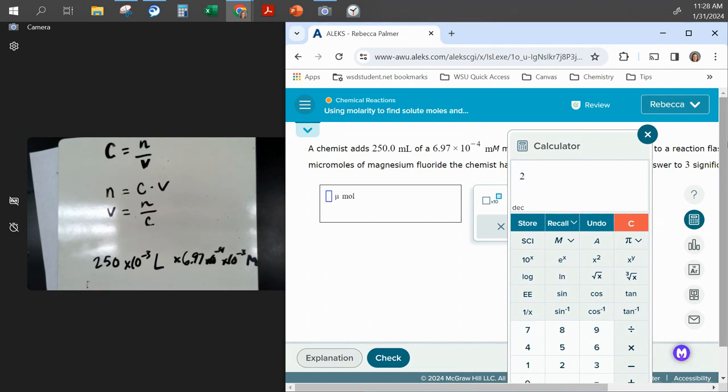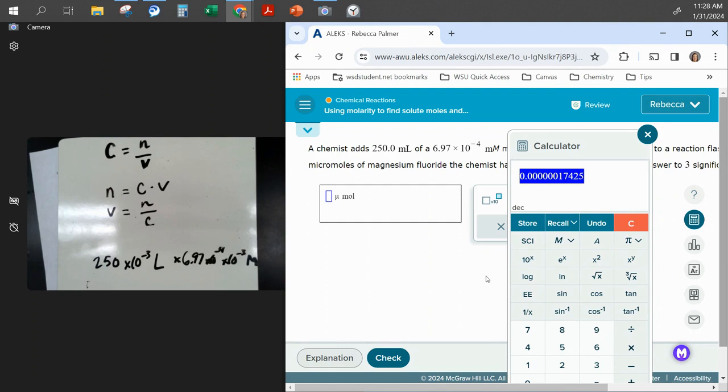So 250 times 10 to the minus 3 times the concentration, and then my prefix times 10 to the minus 3.